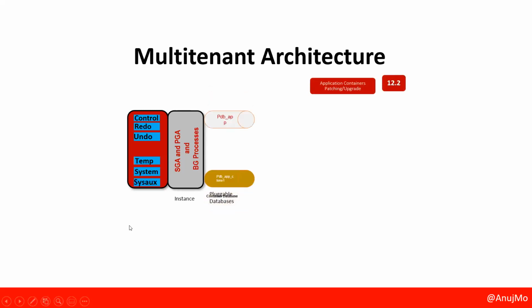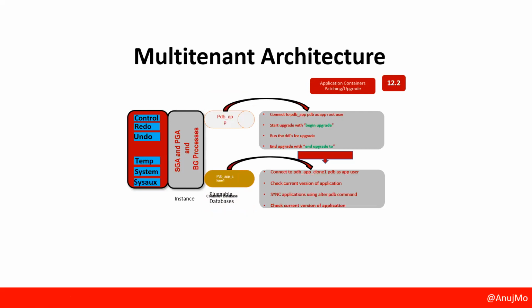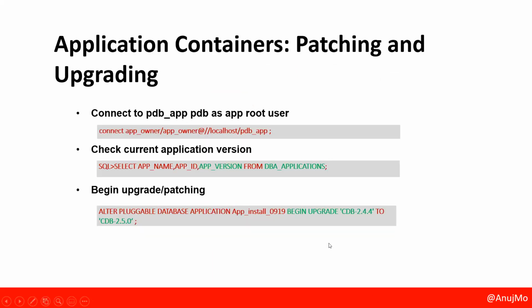Now I'll not get into the details, but if you have to upgrade your PDB application, then you can use begin upgrade and end upgrade as the keywords to upgrade it, right? And here are some checks, like before upgrade, you can check the application version and upgrade.